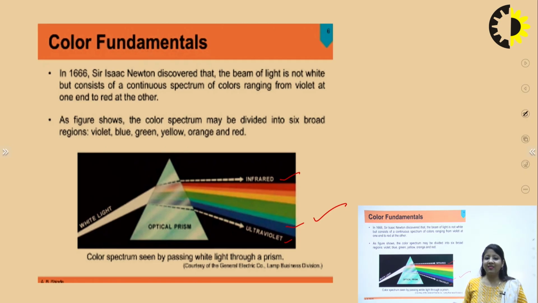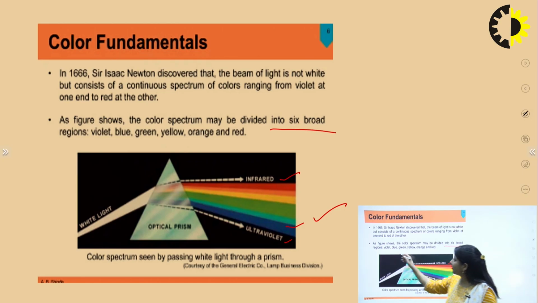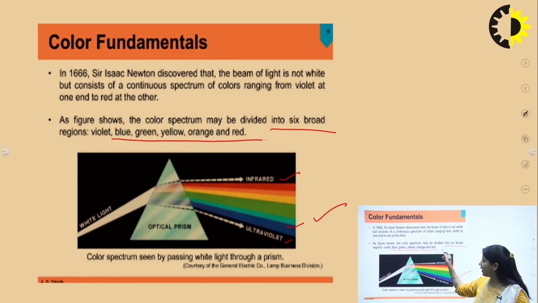The sensors, or the human eye, are capable of capturing color also. So we can focus on color images, and to enhance the color image we have different operations. We can say a color image can be divided into six broad regions: violet, blue, green, yellow, orange and red.